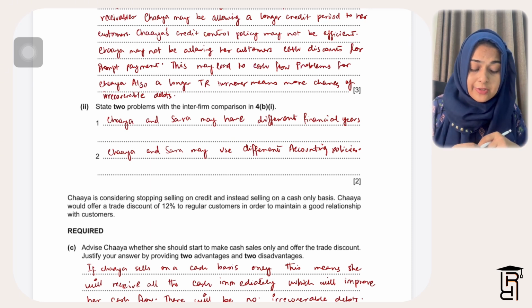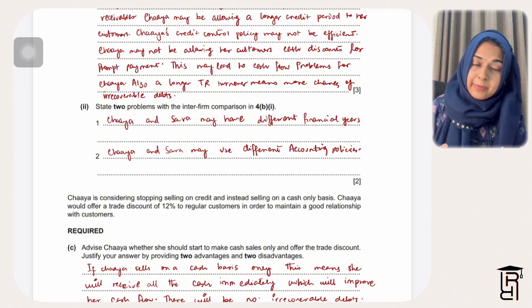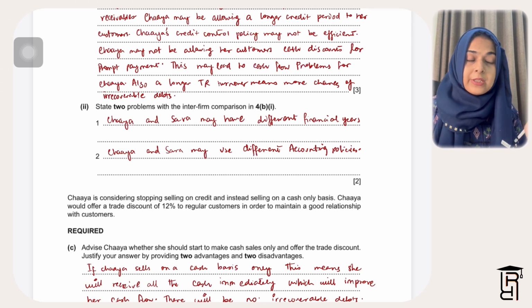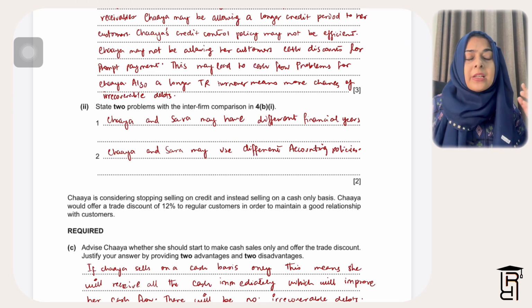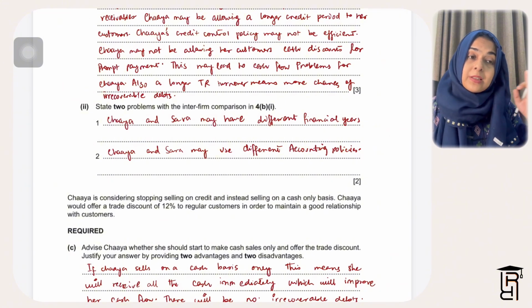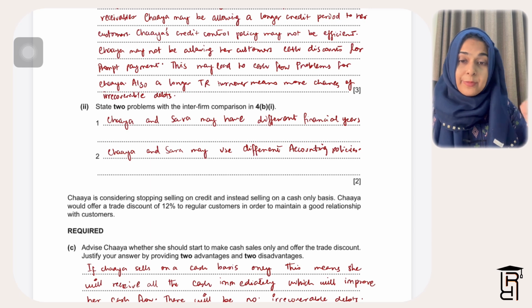Also, another point is Chaya and Sarah may use different accounting policies or different accounting methods. So that is why the profits may not be very comparable, because they may be using different accounting policies and different methods. But also, someone who has been in business for a very long time, you can't compare that business with a newer business.